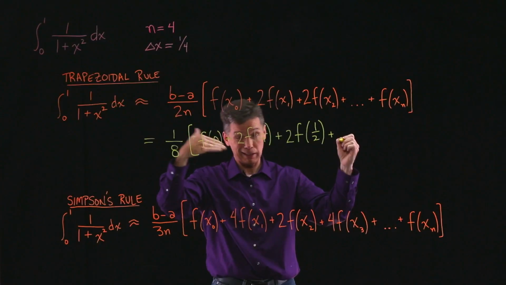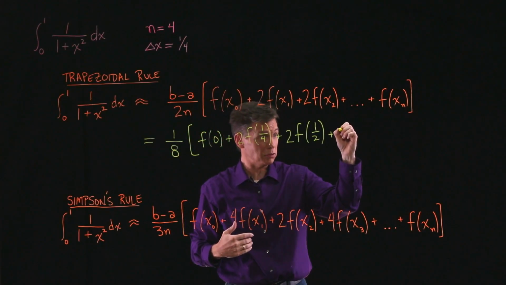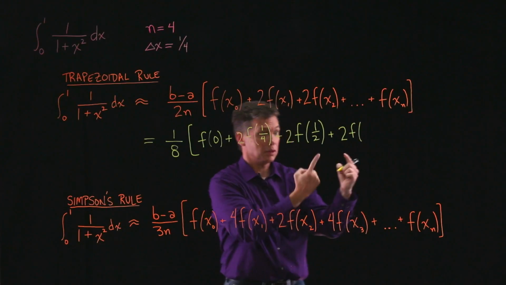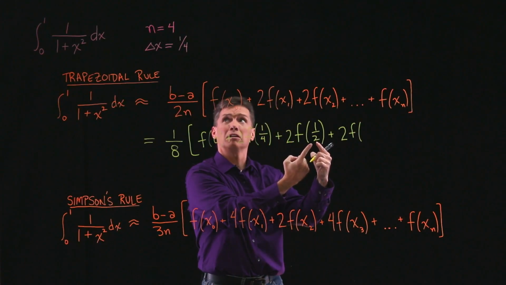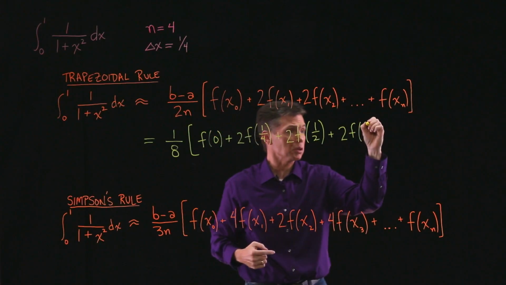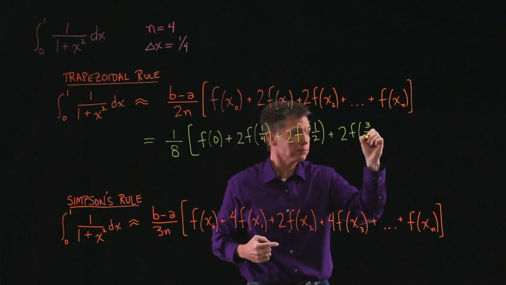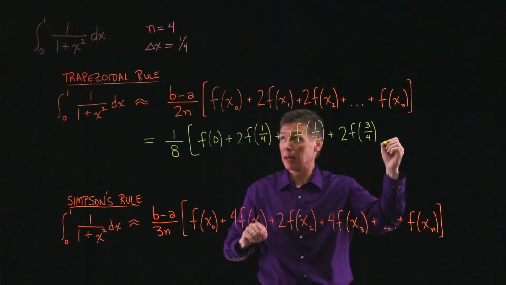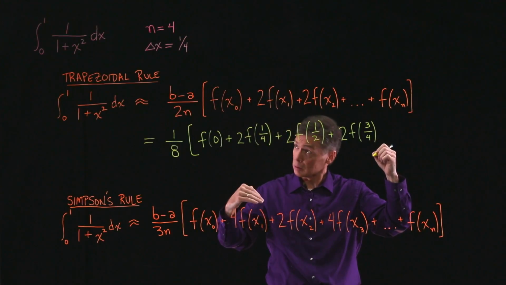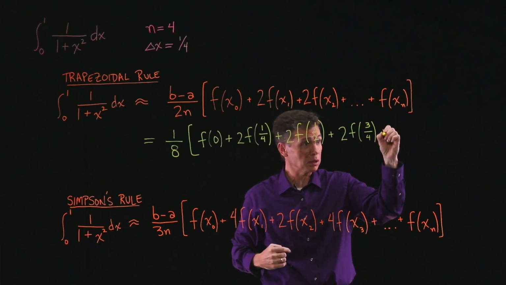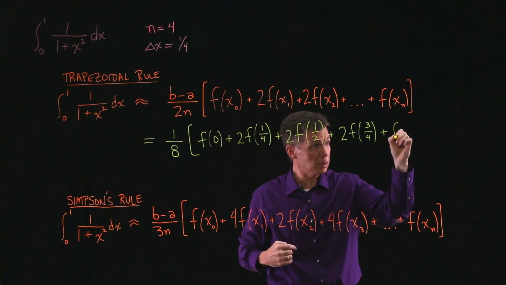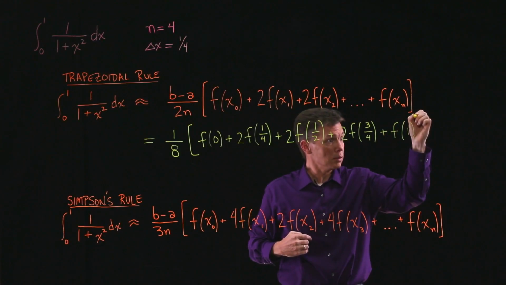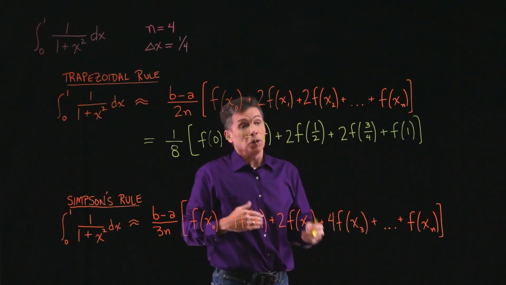Plus, I'm not to the end of my interval yet, so I still have a coefficient of 2. f of, back to the half, but then increment up by a quarter, so we're going to go up to 3/4. And when I increment one last time, I'm at the end of my interval. I'm at that upper limit of integration of 1, so my coefficient goes back down to 1, and I just have f of 1. Close the square brace.